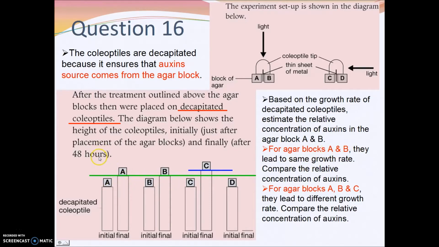After 2 days, both of the coleoptiles, below agar block A and below agar block B, grow up to the same degree. So if we compare the relative concentration of the auxin, we can say that agar block A and agar block B contain the same concentration of the auxin to promote the same degree of growth.